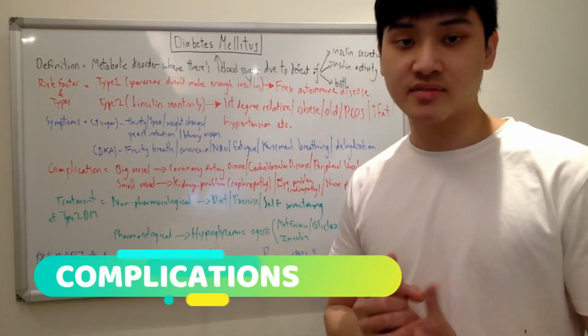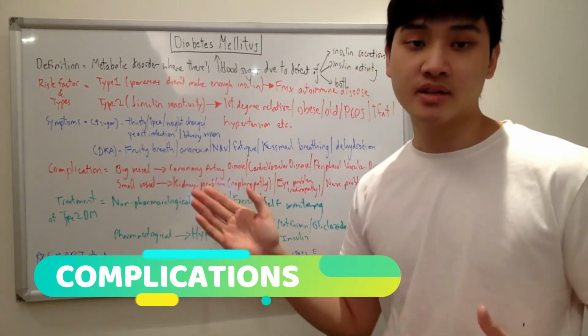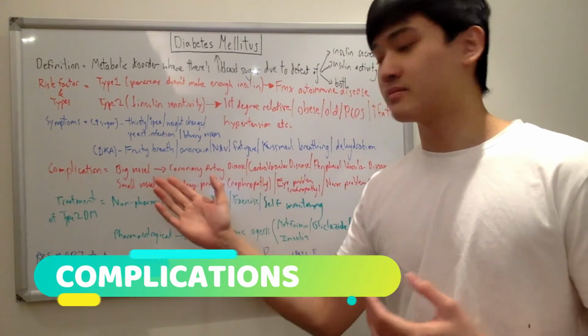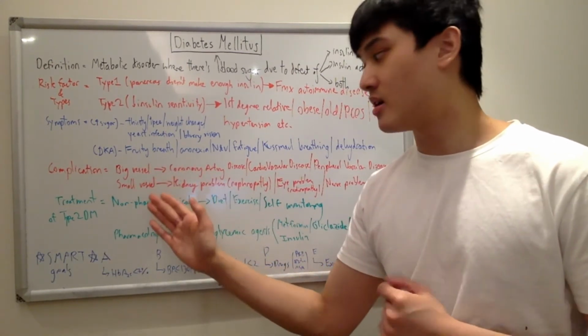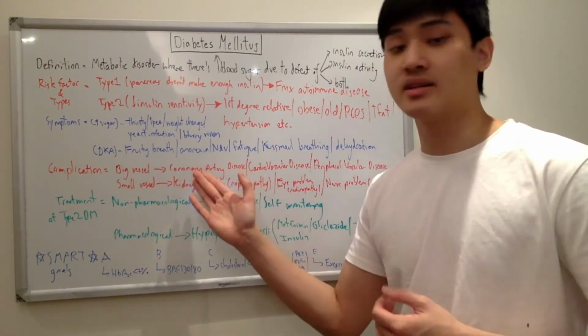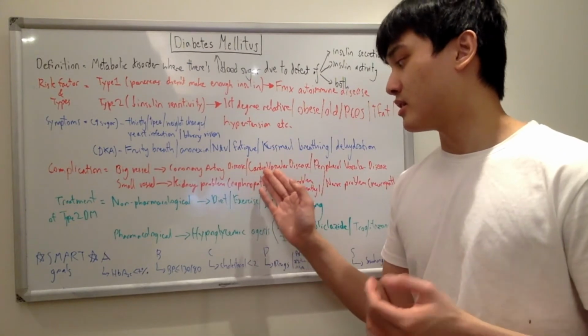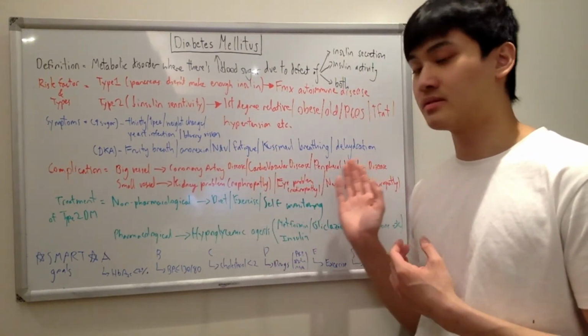The complications of diabetes are numerous. High blood sugar can affect blood vessels, either the big vessels or the small vessels. The big vessels are namely causing coronary artery disease, cardiovascular disease, and peripheral vascular disease.